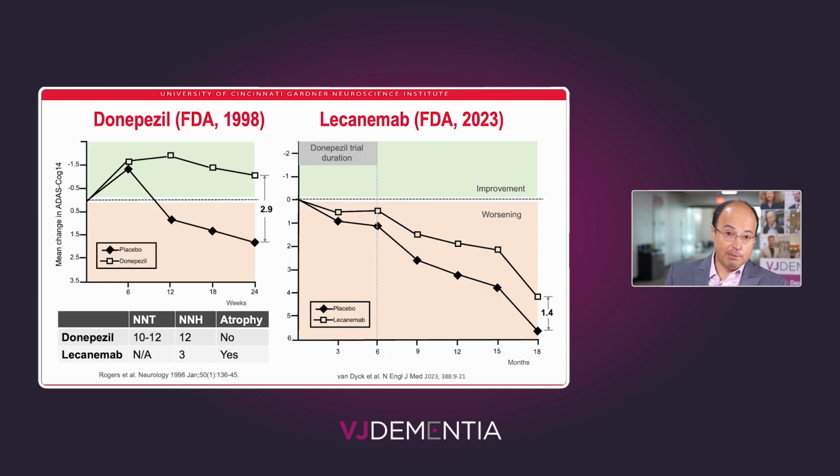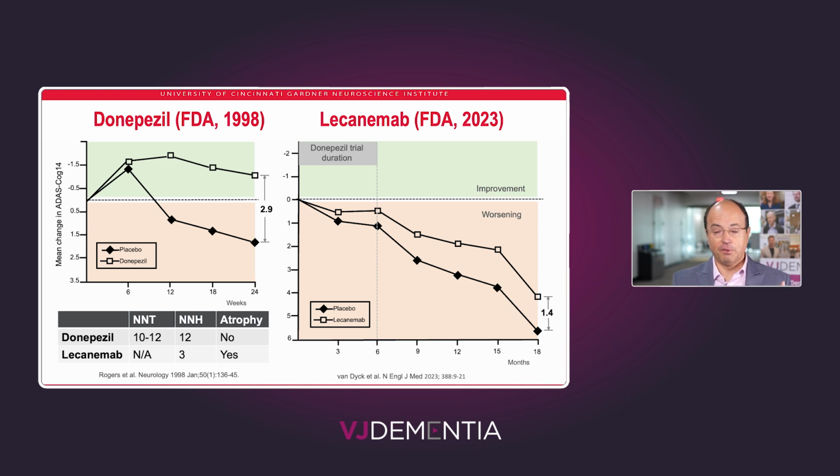Now, we have lecanemab, and lecanemab is in many ways thought of as the vindication of the amyloid hypothesis, but it is interesting that it was really a result published almost 3 decades after donepezil, making donepezil look much, much better.